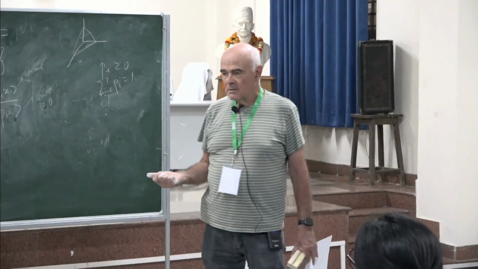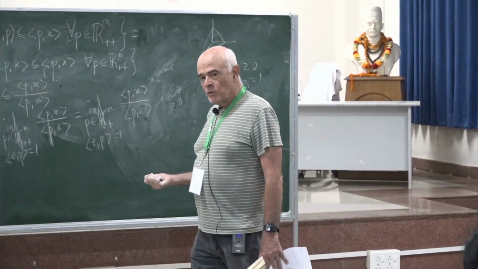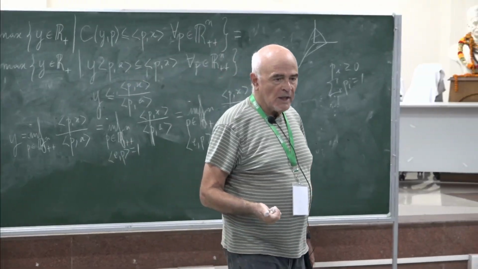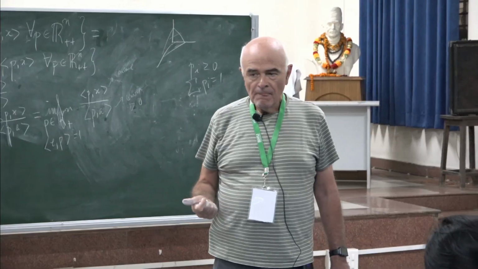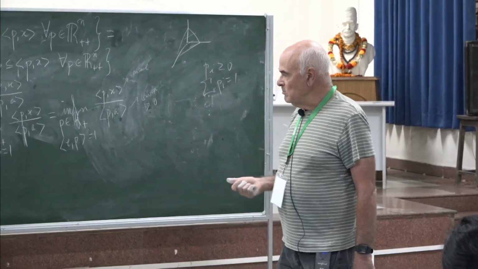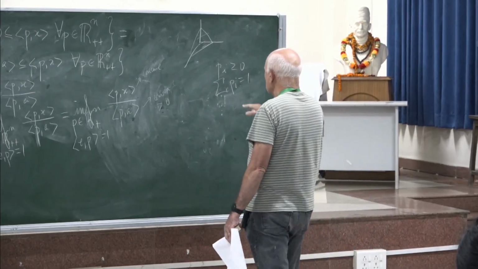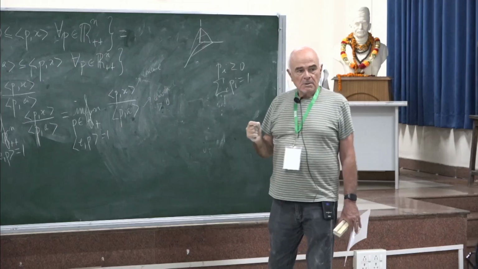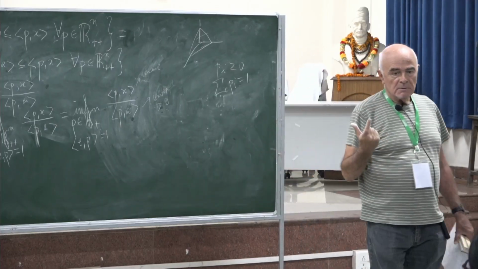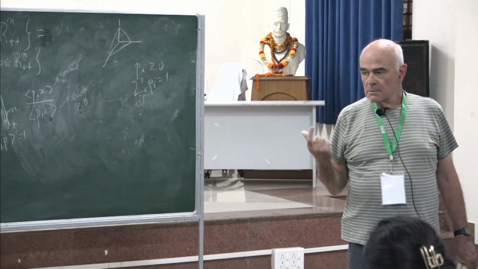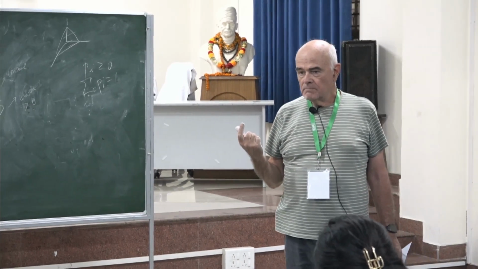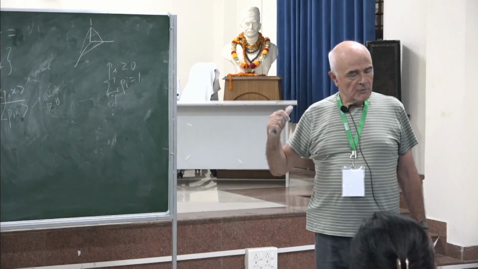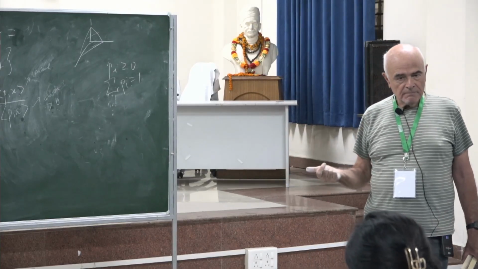And one can easily prove, if you want I will prove it, that a quasi-concave function attains its minimum on a compact convex set on an extreme point, on a vertex. Do you agree? If you want, I will try to prove it later.